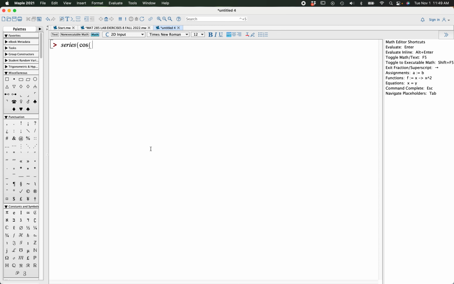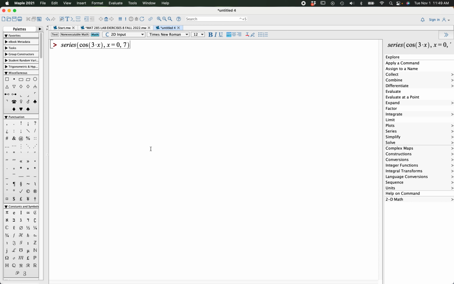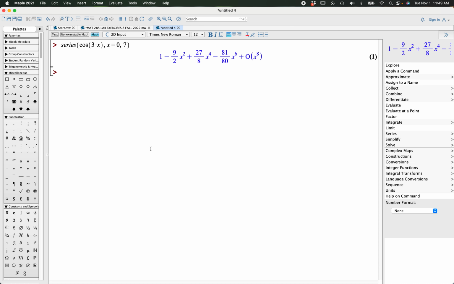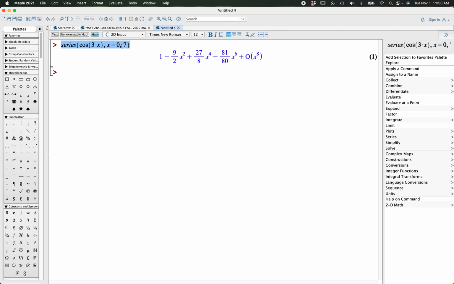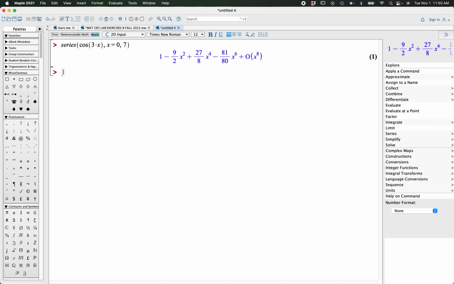So we have the cosine of 3 times x, and for the first few terms, say we have x going from 0 to 7. Upon pressing enter, you have on display the first 4 non-negligible terms of this series for the function cosine of 3x.